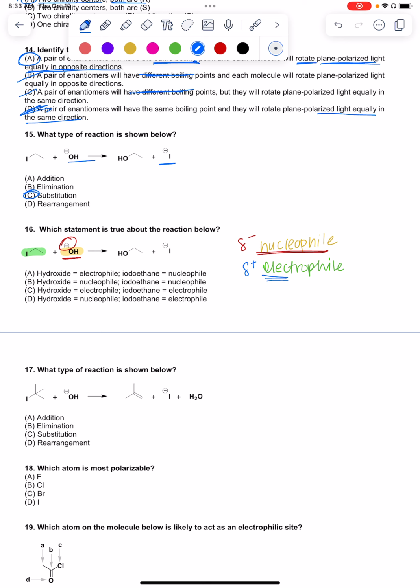So now I can say, okay, hydroxide is the electrophile? No. So A and C are out. I looked at this one for a while, but they're both the same in the front. Look at the back. Iodoethane is a nucleophile? No, it's an electrophile. So it's got to be D.